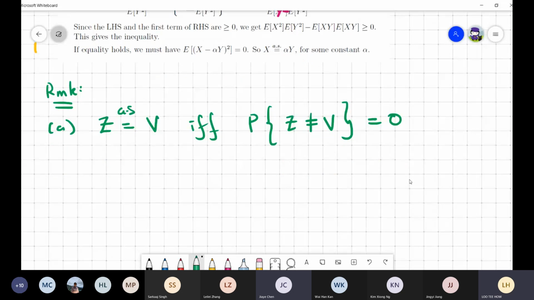So according to here, you can see it. That's why in these questions we also know this.